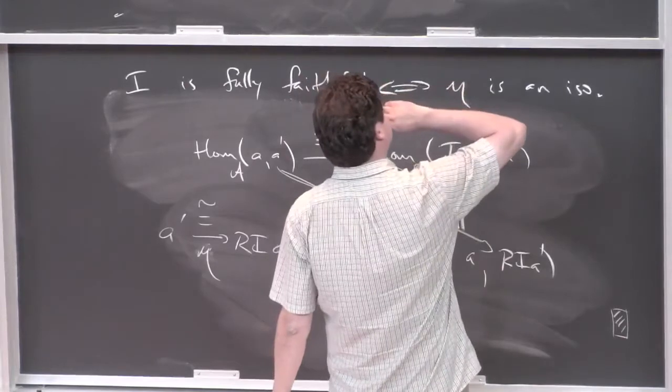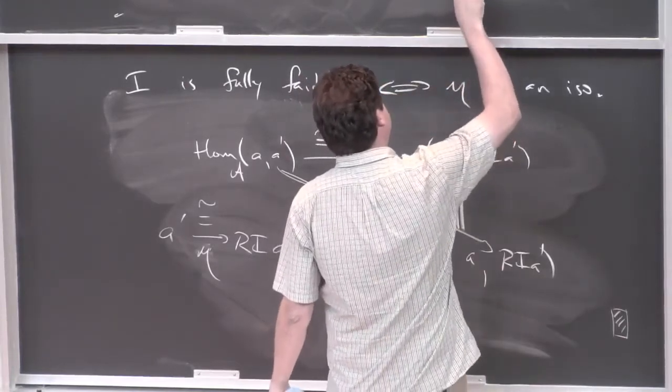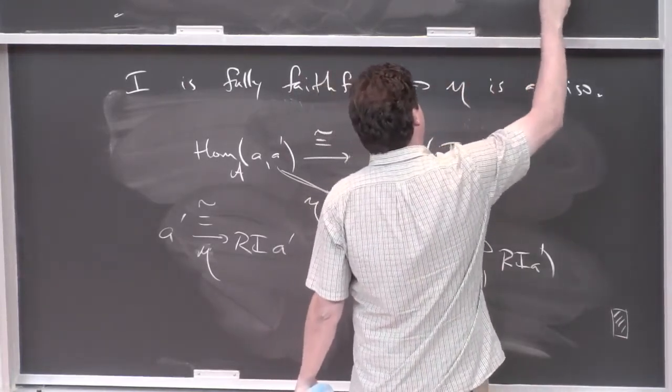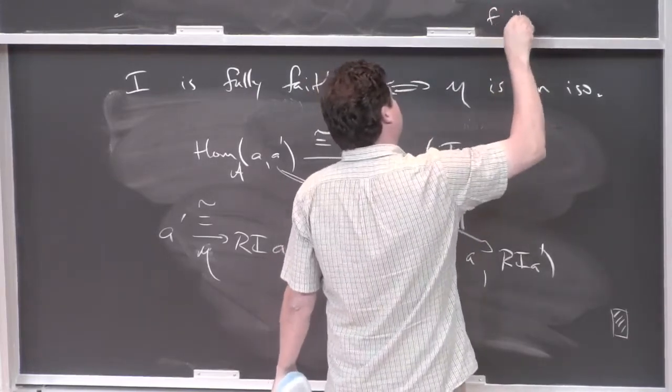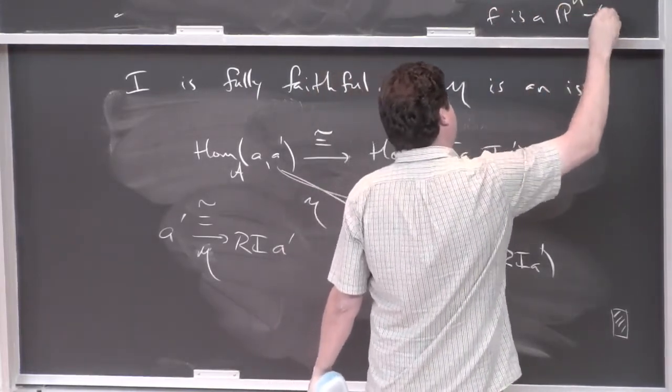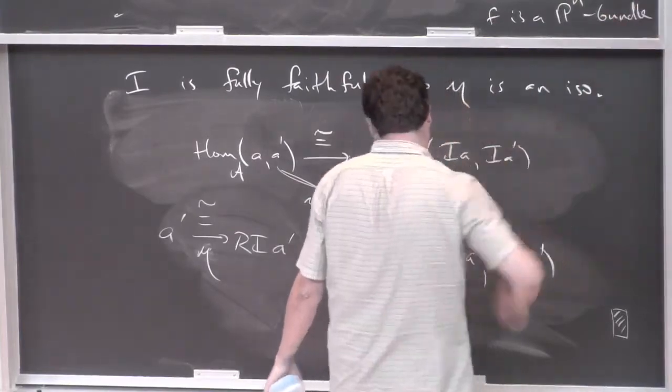So the rank of E is going to be n plus 1, so F is a Pn bundle.